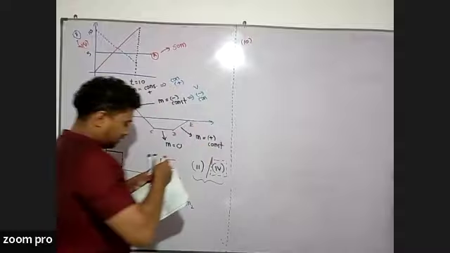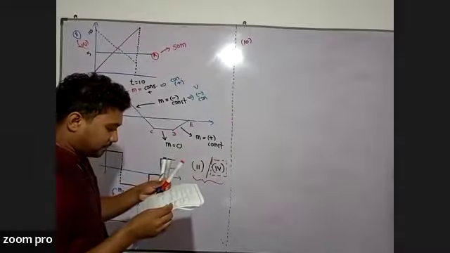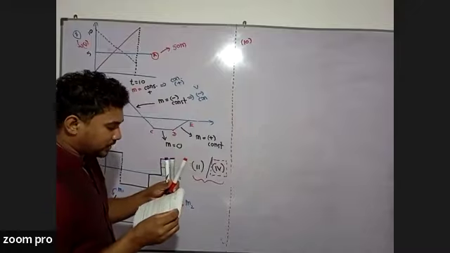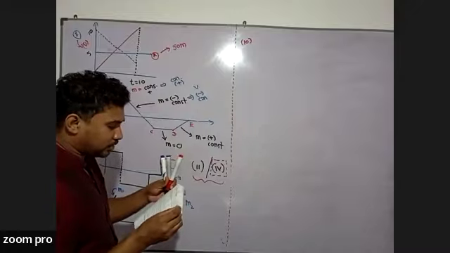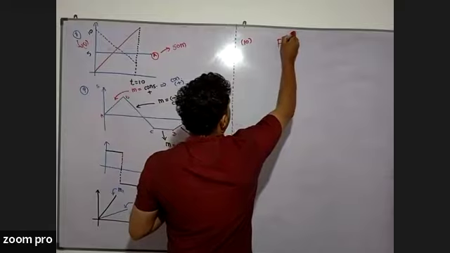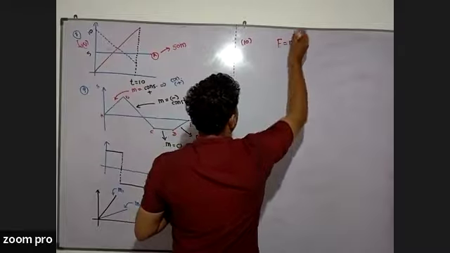10th one. Which of the following graphs best represents the variation of velocity with time of an object being brought to rest by a constant resultant force? Right. So you might know that F equals ma.